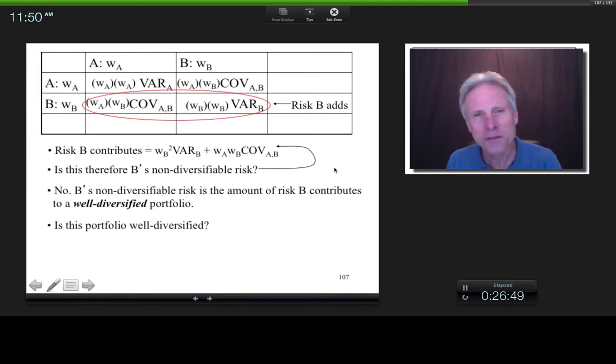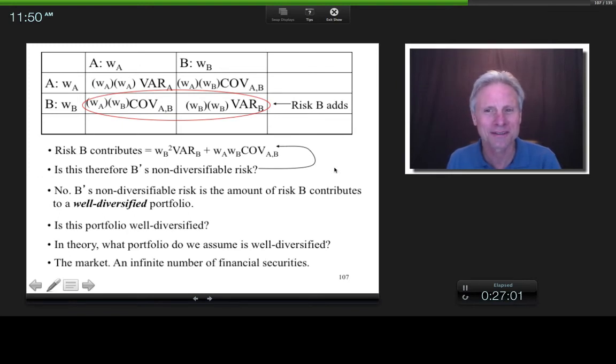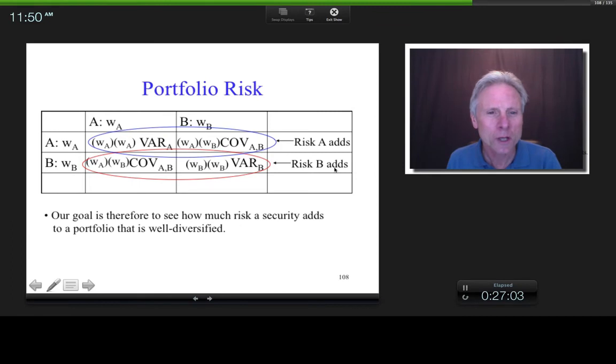Now, in theory, how many financial securities are in a well-diversified portfolio? Basically, the market, right? Or an infinite number of financial securities. So our goal is to see how much risk any individual security adds to a portfolio that's well diversified.